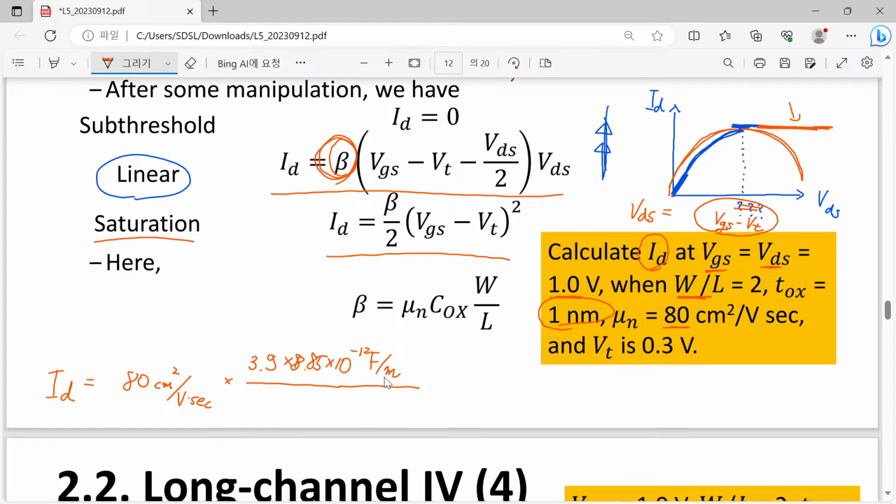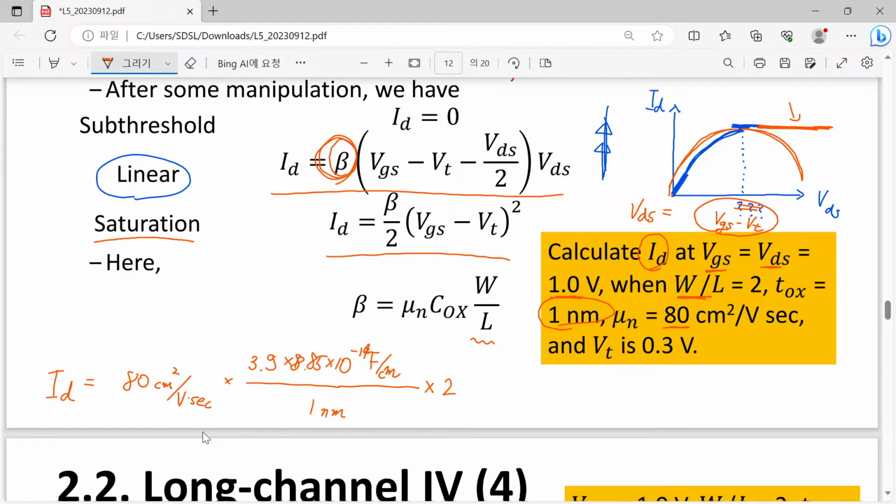So when you take the centimeter scale, please use centimeter and 10 to the minus 14. Also you have 1 nanometer here to evaluate your Cox value. Then what is remaining? Yes, you have W over L. Although you have no specific number for L and W, it's okay because we are using this ratio W over L.